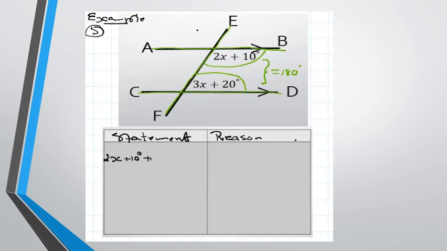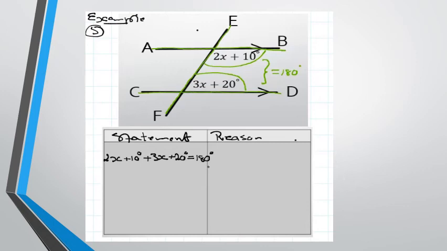plus, for co-interior, the sum of the two angles. The other angle is 3x plus 20 degrees, equal to 180 for co-interior.